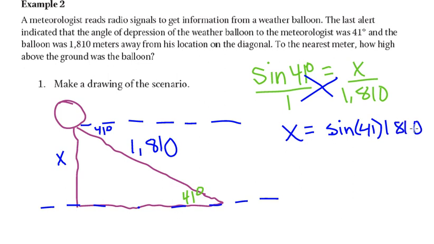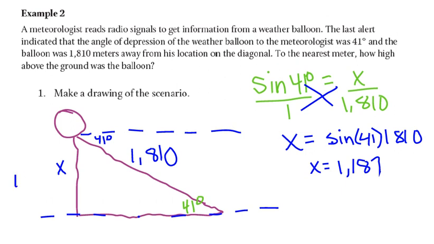When we take the sine of 41, and again, the calculator has to be in degrees, and multiply by 1,810, we get that our value of x, rounded to the nearest meter, is 1,187. So the height here is 1,187 meters off of the ground there.